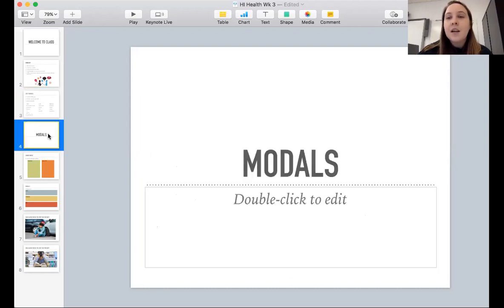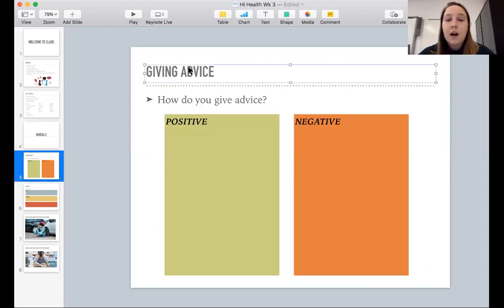All right, now I want to talk today a little bit about modals. So this is what we're going to be working on in class, and when we do some reading on Wednesday, we'll also be using some modals. Now, you may not have heard the word modal, and that is completely okay. We use modals a lot when we give advice or give instructions.